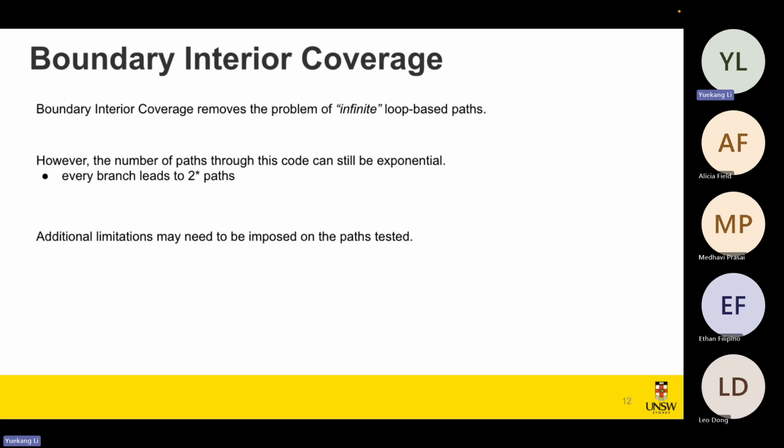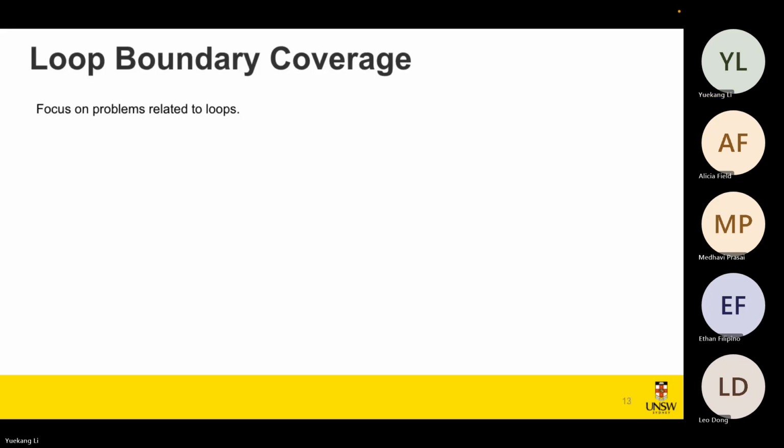So since we are still faced with potentially an invisibly large number, what we can do is further apply some limitations. And this leads us to the loop boundary coverage.